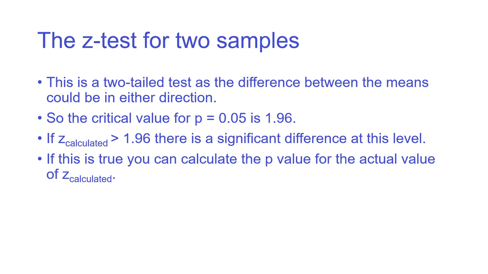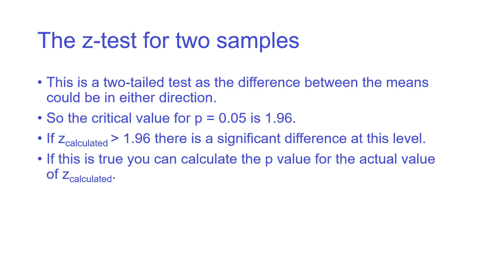So the mean of x1 could be bigger than the mean of x2, or it could be smaller than x2. So the critical value for a 95% confidence in your test, or a p-value of 0.05, is 1.96 standard errors. So if Z calculated is greater than 1.96 or less than minus 1.96, then you have a significant difference in the means between the two samples.